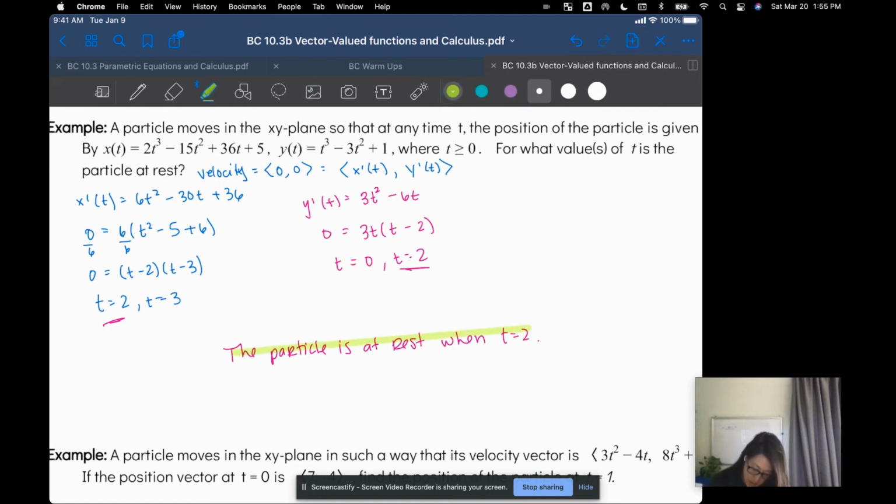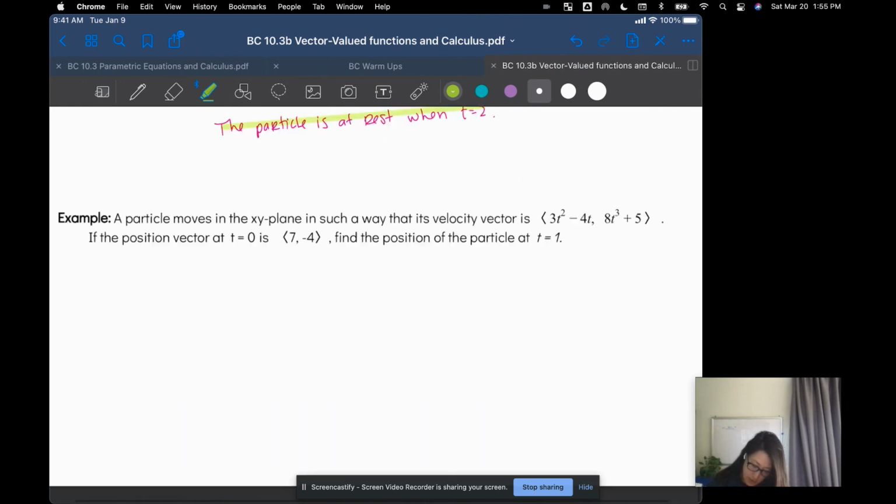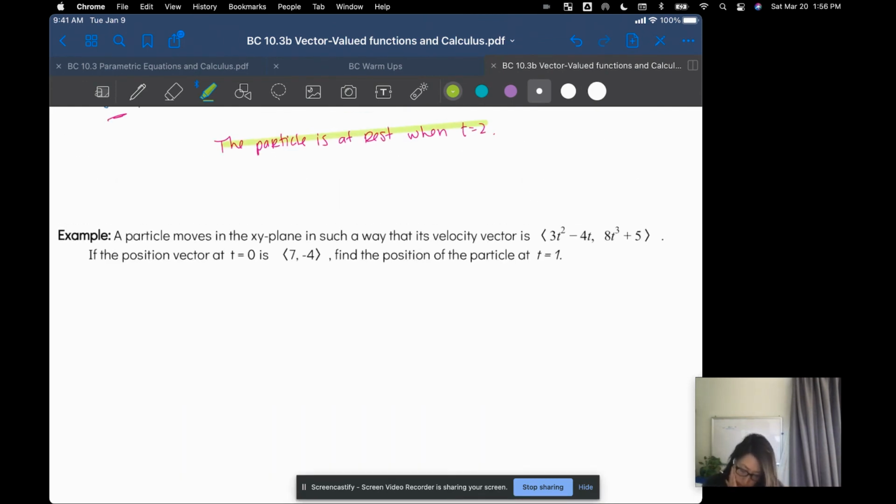Okay, last one. The particle moves in the xy plane in such a way that the velocity vector is 3t squared minus 4t, comma 8t cubed plus 5. If the position vector at t is equal to 0 is 7 comma negative 4, find the position of the particle at time 1.